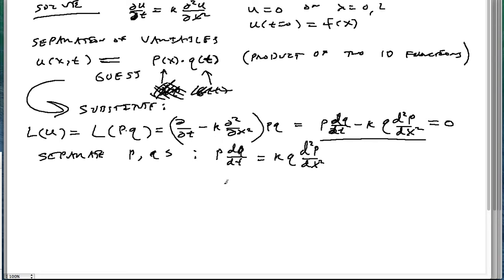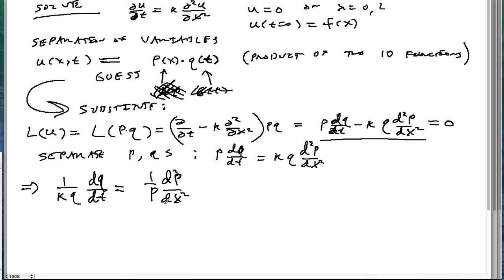And now I'm going to divide through by a few things. We're going to say that's 1 over k times q, dq/dt, is equal to 1 over p, the second derivative in x of p.